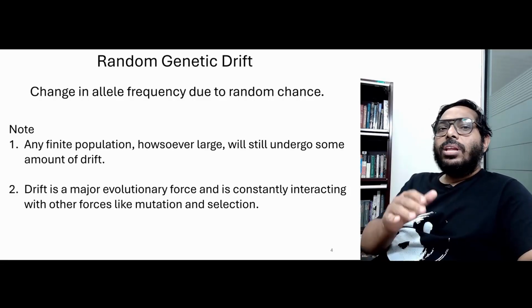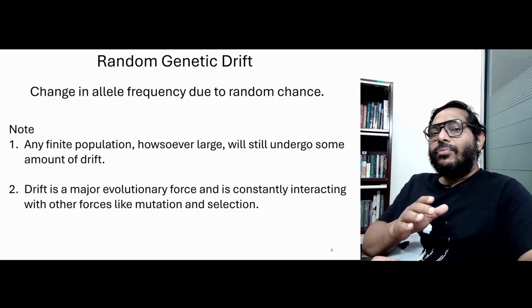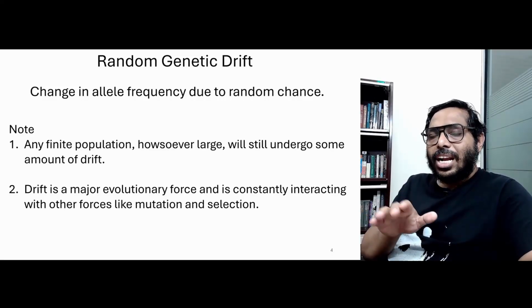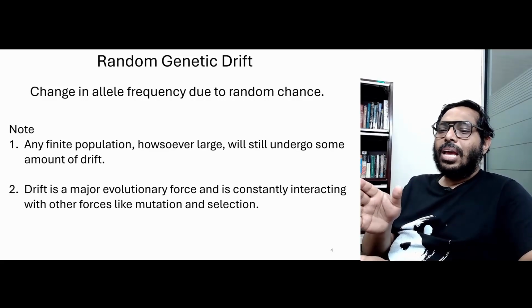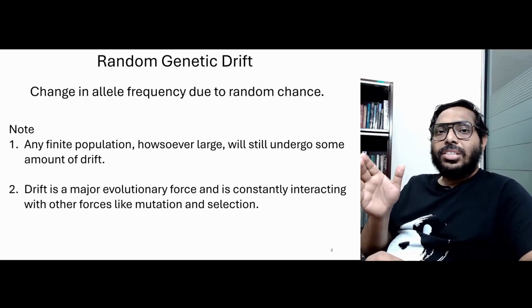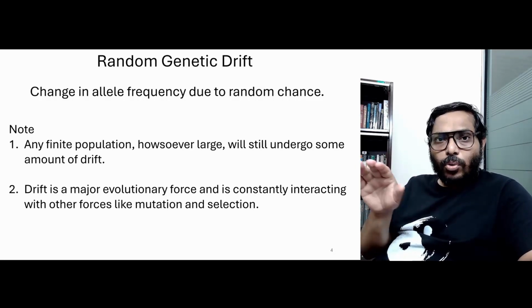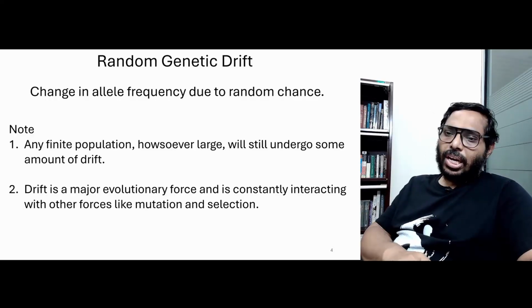And even when it is small, drift actually ends up interacting with other forces like selection and mutation in very interesting ways, leading to very rich patterns of evolutionary outcomes, some of which we are going to look at in our subsequent discussions.